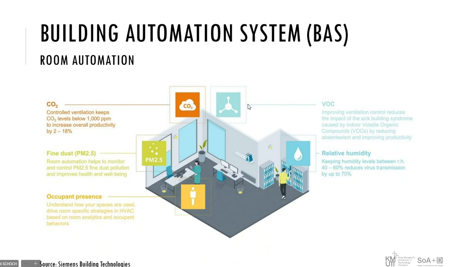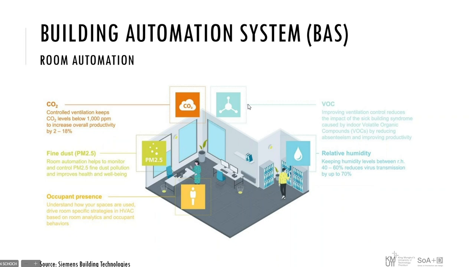For example, if you have copy machines in an office room, that releases a lot of PM fine particles. That's why nowadays a lot of offices request that any kind of printing equipment is in separate rooms and not part of the office space, because they release fine dust.